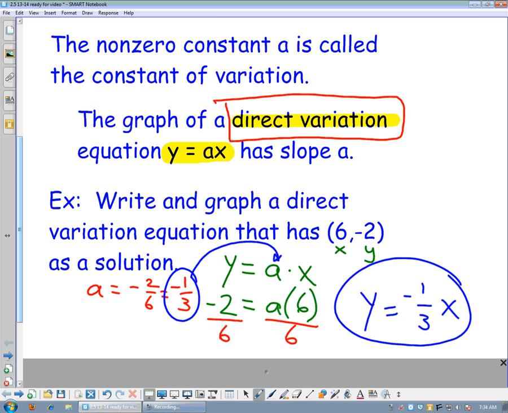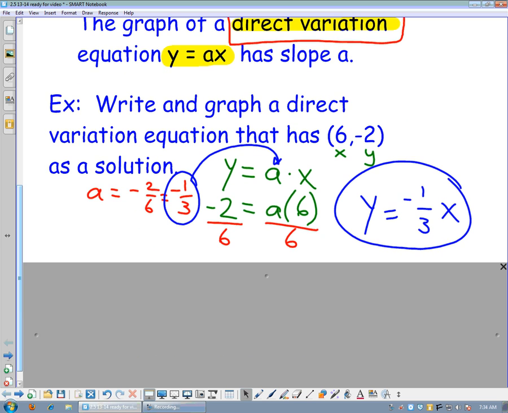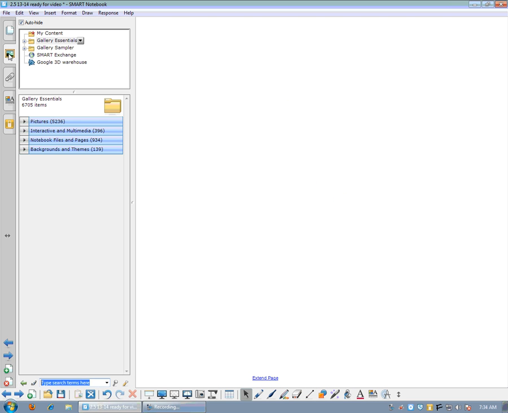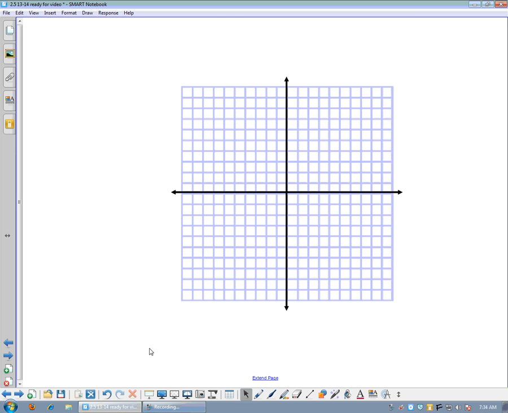So there's our equation. And then if we're going to sketch a graph of that, let me pop that on another page. We're graphing the equation y equals negative 1/3 x. I know it goes through 0, 0, so I can put that y-intercept right there.